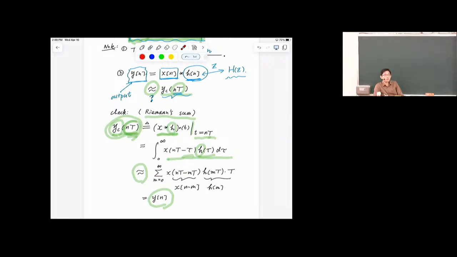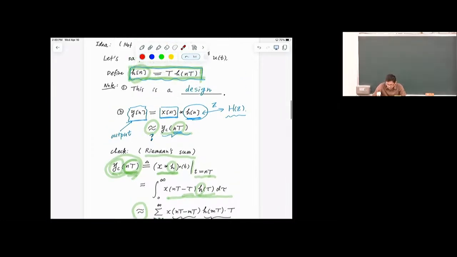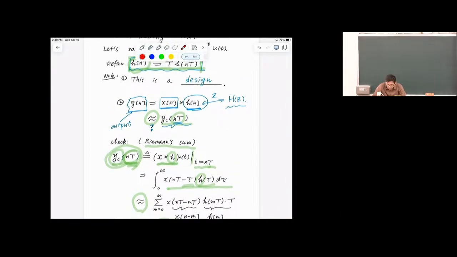Integral is the area under a curve, right? So let's draw a picture. Suppose that we have this integral, and we want to draw a picture of what it means to calculate it. That means we are calculating an area under the curve.